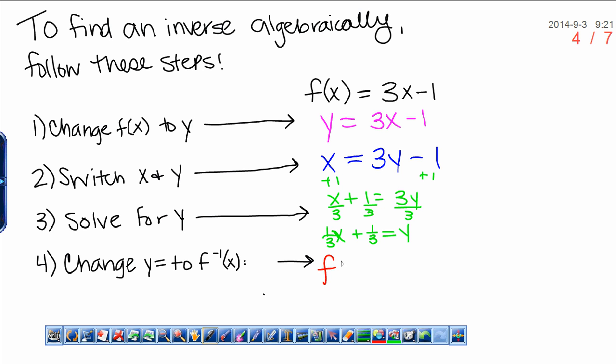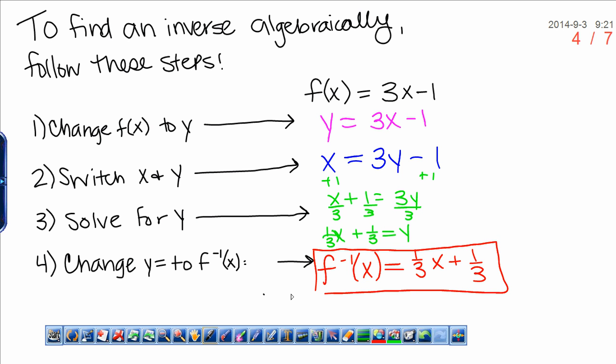So we'll say f inverse of x is equal to 1/3 x plus 1/3. Questions on any of those steps? Alrighty, well, let's try some.